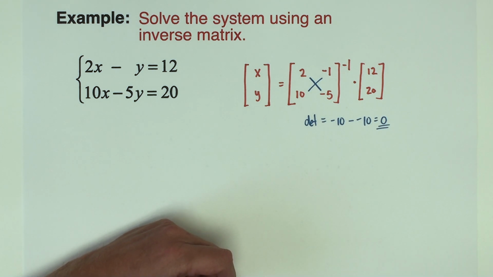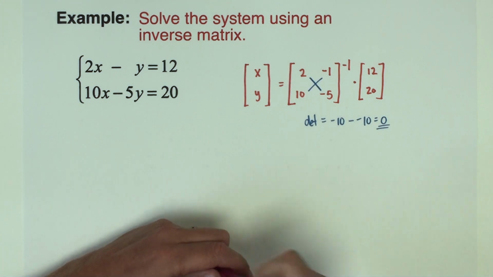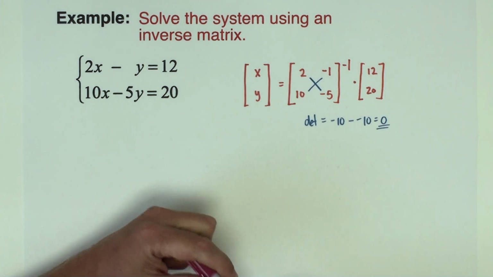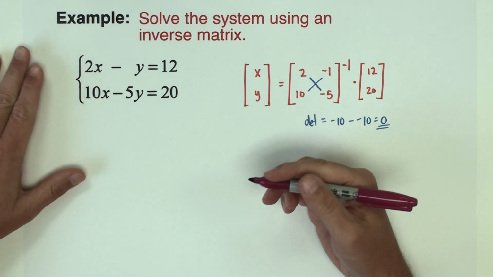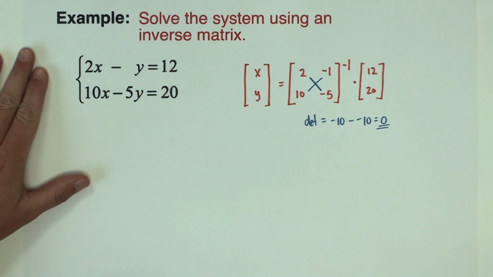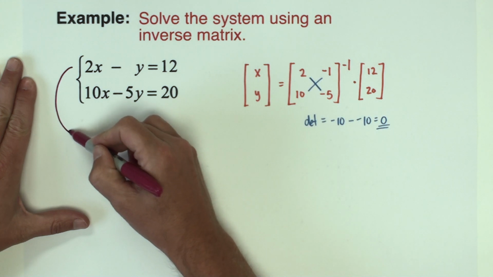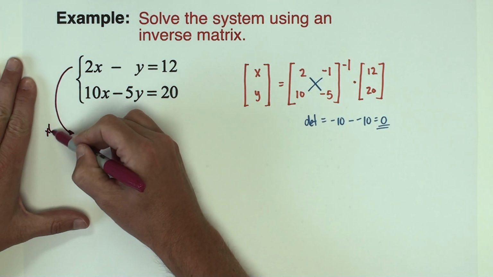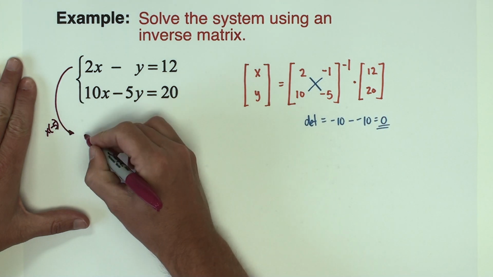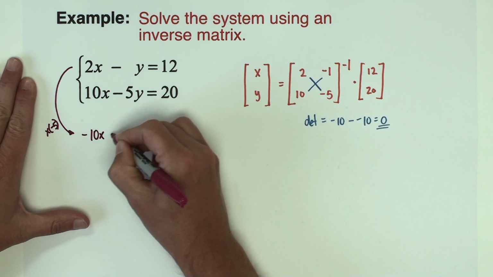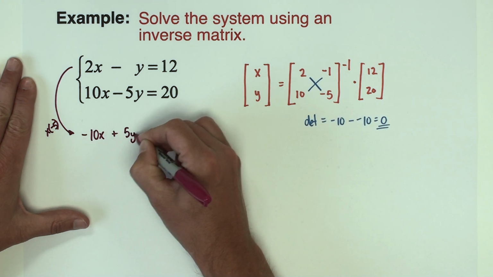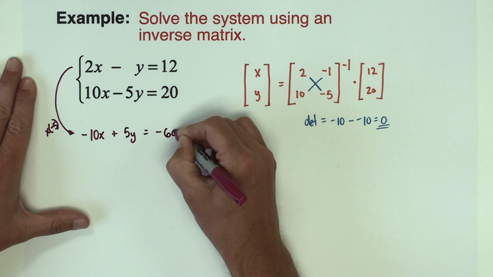And if that happens, it's up to you moving forward. How do you want to solve this problem, all right? So if I was solving this, I would probably just go ahead and jump to elimination. I would probably take this top equation times a -5, which would make -10x plus 5y equals -60.